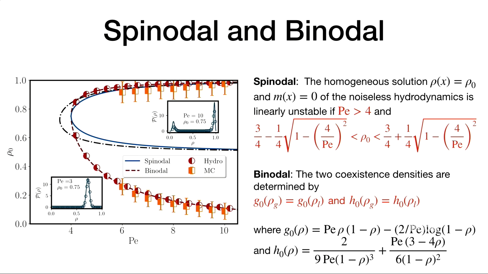You can also look at the distribution of the densities within the microscopic model, and as you expect, in the phase separated state you have a bimodal distribution, with these two densities. In the homogeneous phase, you have only one density.